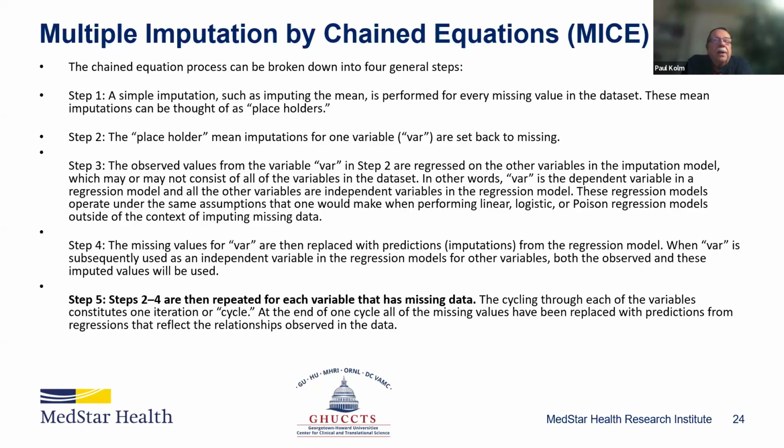And then the observed values of the variable that you're imputing are regressed on all the other variables in the imputation model. In other words, the particular variable becomes the dependent variable in a regression model, and all the other variables would be considered independent variables.